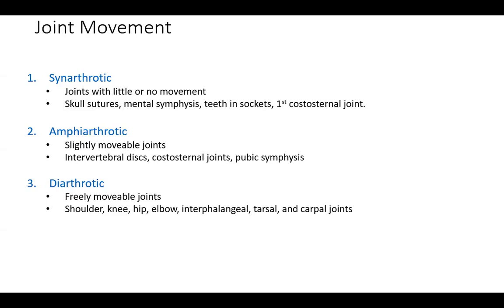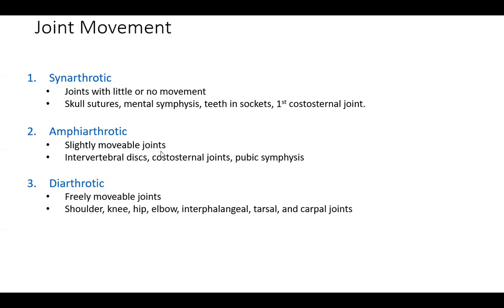And the freely movable joints, the diarthrotic joints, are the shoulder, the hip, the knee, the fingers, the toes, the tarsal bones, and the carpal bones. For example, here is a freely movable joint. This is our clavicle, our humerus, and scapula.